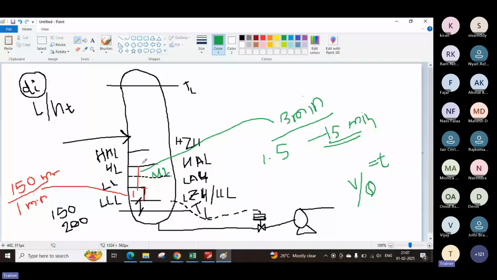And for high liquid level, this rings the alarm, this rings the alarm, and this trips the bottom; high-high level trips the feed.